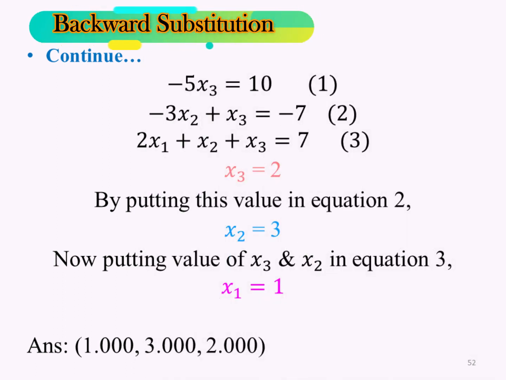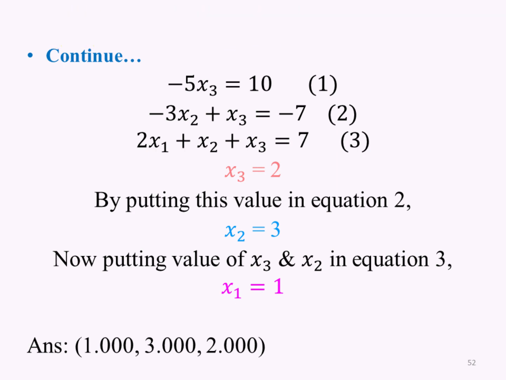In the case of 3 variables, that will be x3. Once you determine the value of x3, then go to the previous equation, the middle one, you can get the value of x2, and then you can get the value of x1. So in this way, using back substitution, you can get the values of all the variables.